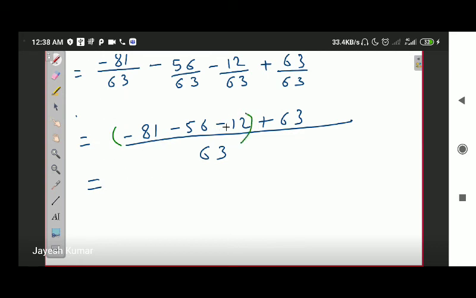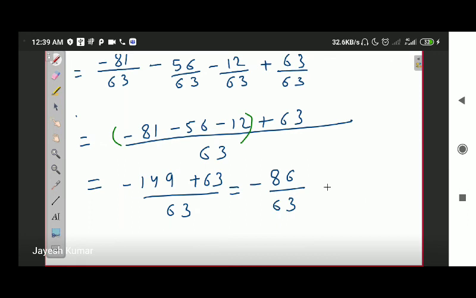This will be 12 plus 2, 2 plus 6 is 8, 8 plus 1 is 9. 1 plus 5 is 6, 6 plus 8 will be 14, minus 149 plus 63 upon 63. On simplifying it, you will get minus 86 upon 63. This will be your final answer, minus 86 upon 63.